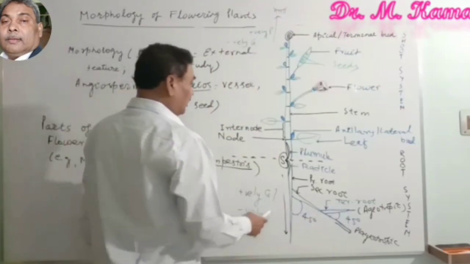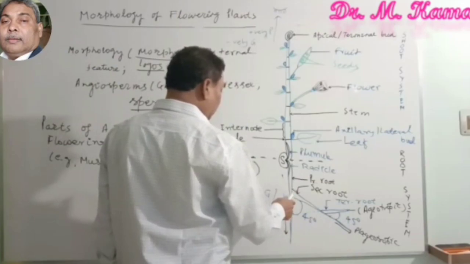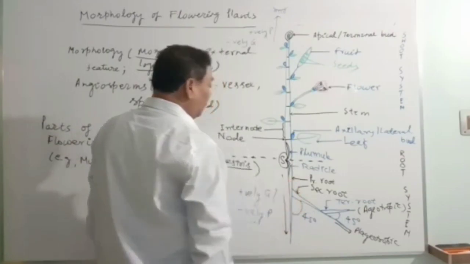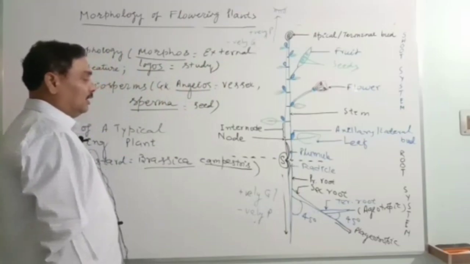Secondary root arises from the pericycle layer of primary root, so its mode of origin is endogenous.